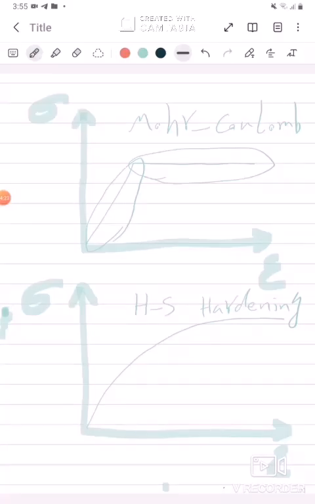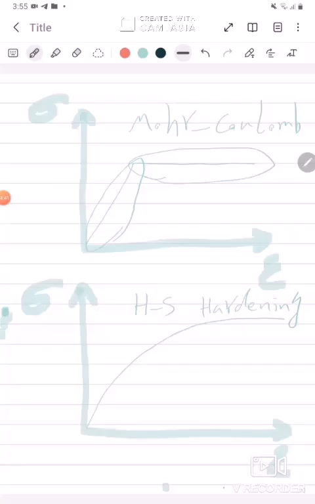If we want to compare these two models, we can say that in soil we have real, nonlinear behavior, and it is similar to hardening soil.